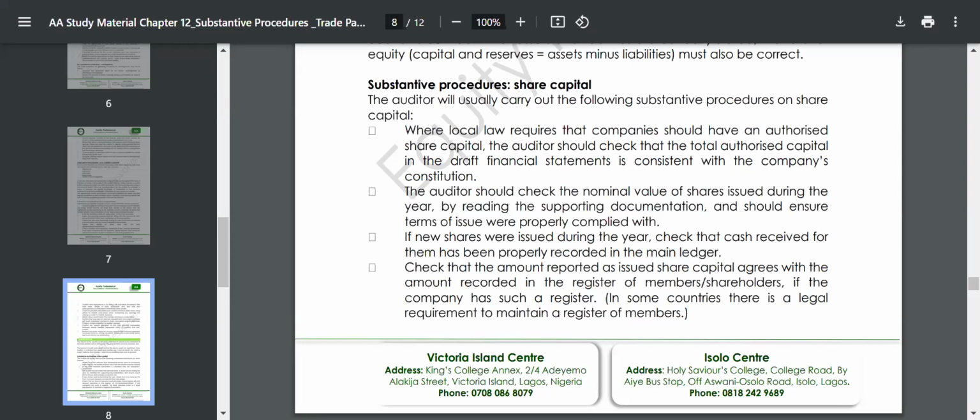So you can see that in this substantive procedure, what the auditor is trying to gain assurance about is that whatever value has been declared as the share capital of an entity is correct, that the value matches what they recorded with the regulator, and that the value matches the number of shareholders in their books. So it means that the auditor will be relying on some other document to verify this. There will be some supporting document.